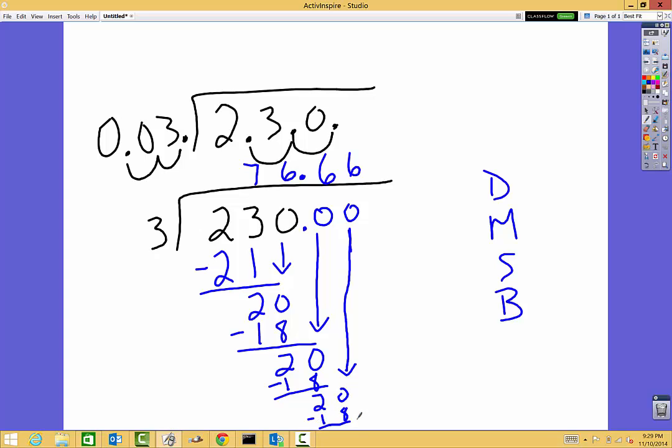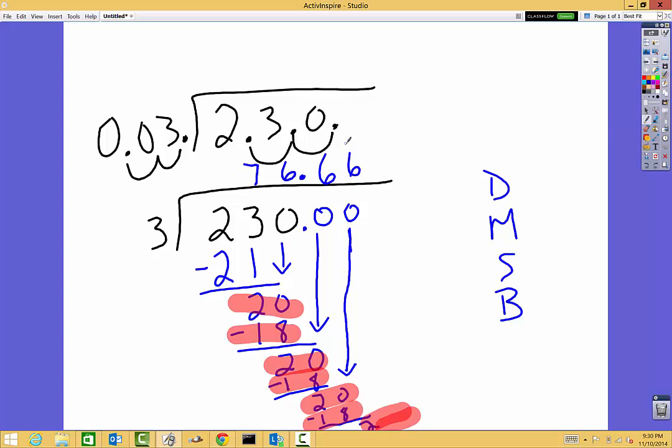Do you notice something yet? I'm always going to get a 2, and I'll always bring down 0. So I'm going to see this pattern over and over again. You see 20 minus 18, 20 minus 18, it's going to be 20 minus 18 again. This pattern will go on forever.